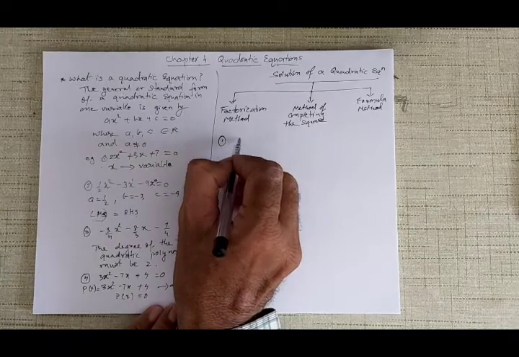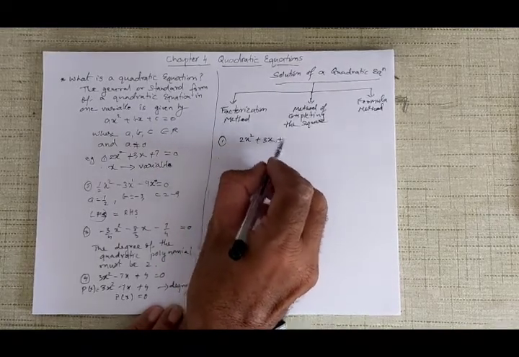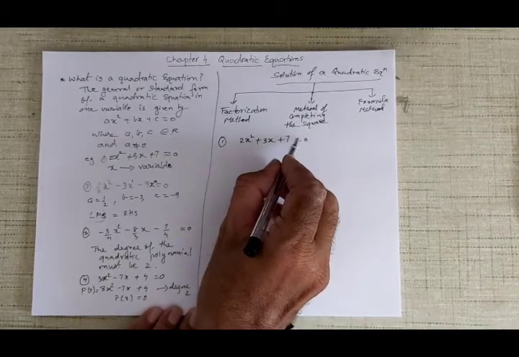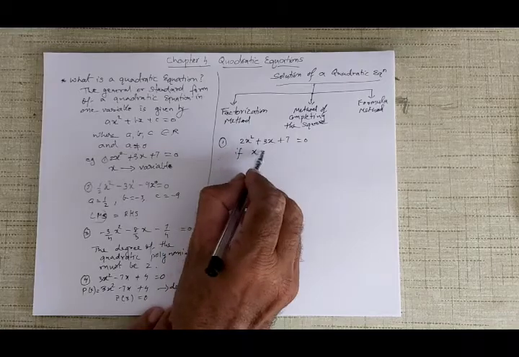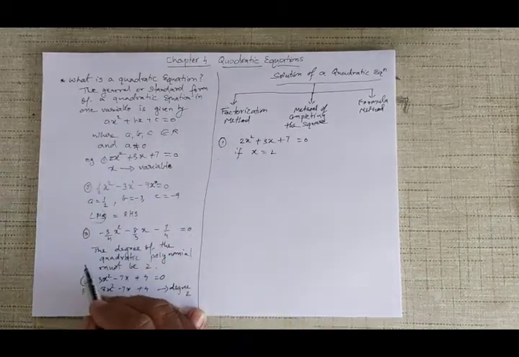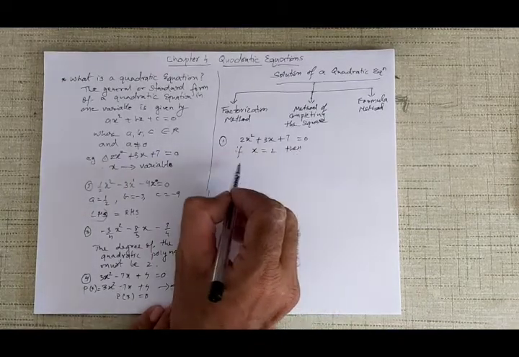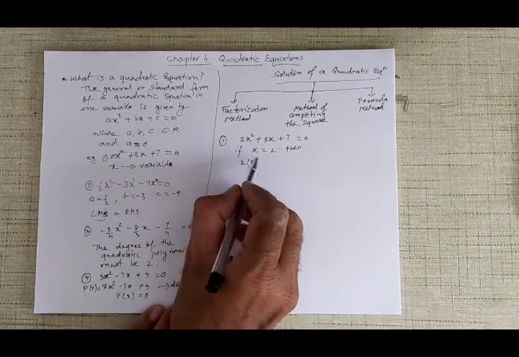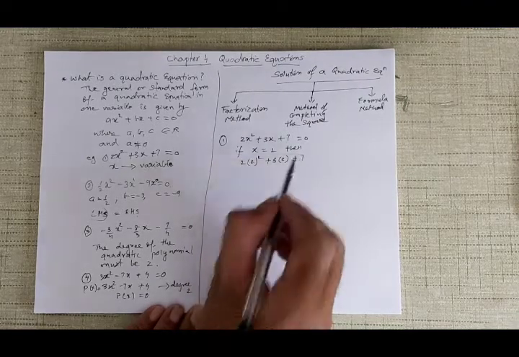Say 2x square plus 3x plus 7 is equal to 0. Now if I put x is equal to 2, then what will I get? Then I'll get 2 into 2 square plus 3 into 2 plus 7.